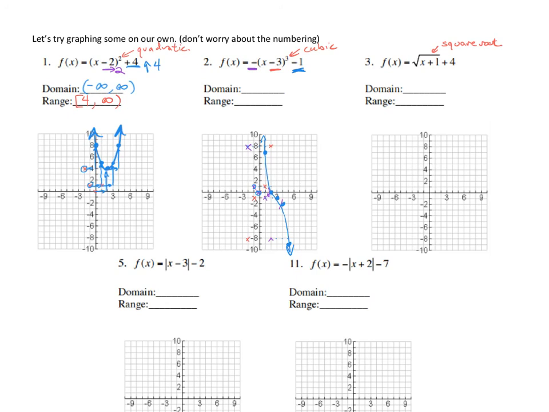For the square root function, remember that the x's are at 0, 0, 1, 1, and 4, 2. And then it looks like we're going to move these left 1 and up 4. So the translations you can do all at once.